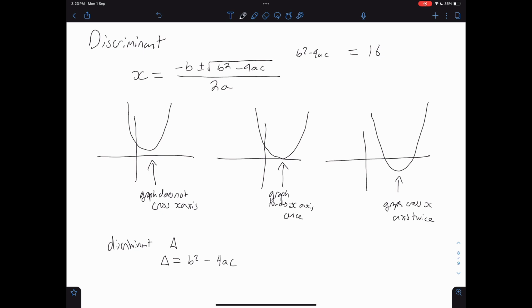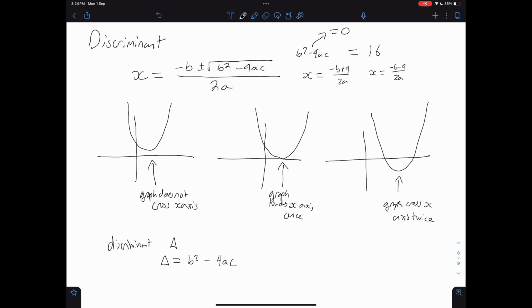So now your 2 solutions would be x equals minus b plus 4 over 2a and x equals minus b minus 4 over 2a. 2 separate things. But if this were to instead equal 0, then plus 0 and minus 0 is the same thing. So no matter whether you do the plus or minus, you'll get the same answer.